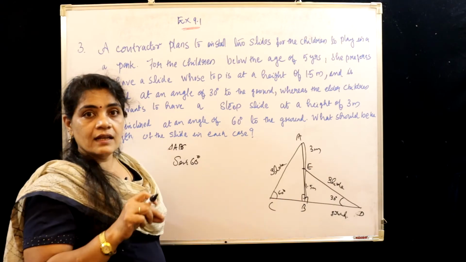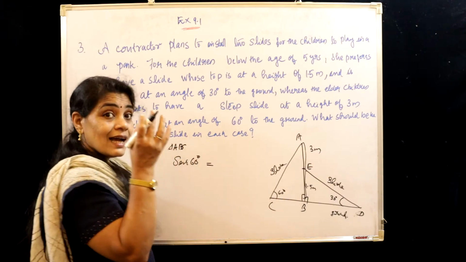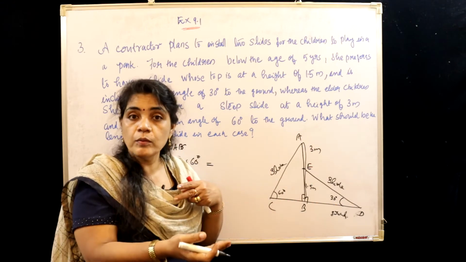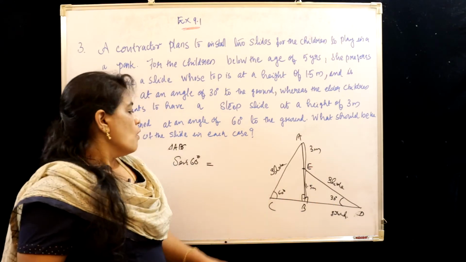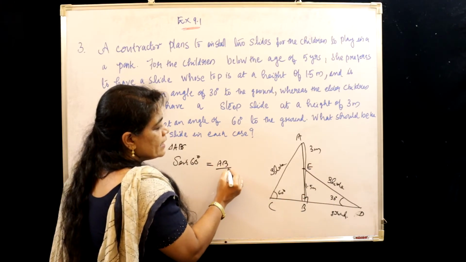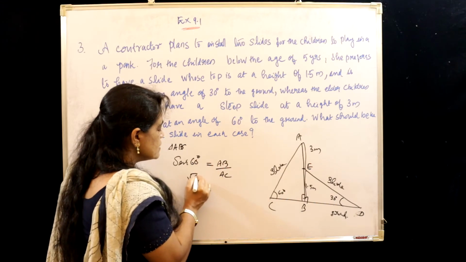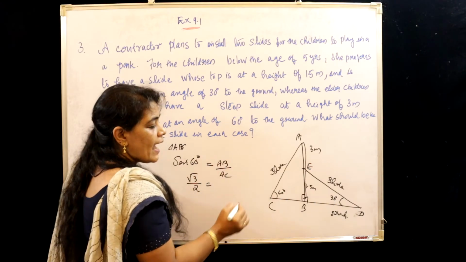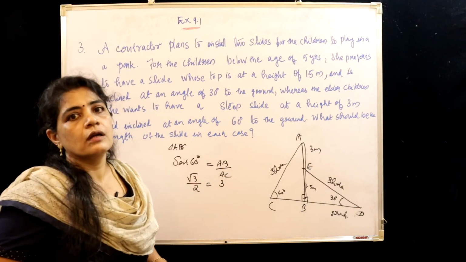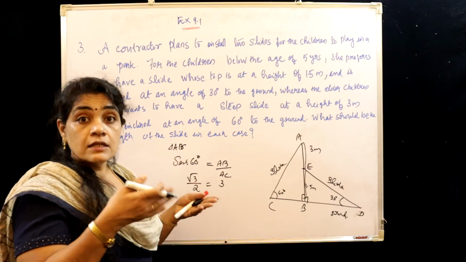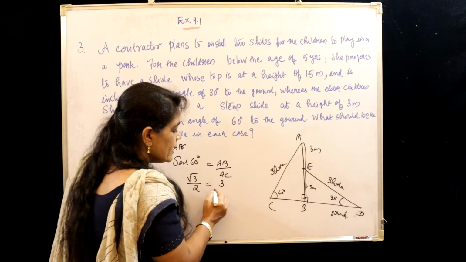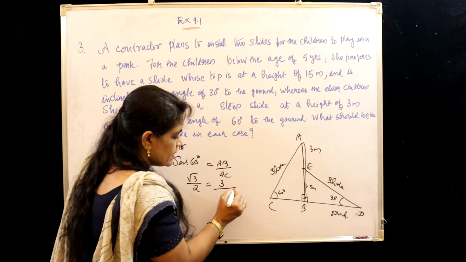Here it is sine, and that means in that ratio AC should be there either in the numerator or in the denominator. So sine 60 equal to AB divided by AC, and its value is root 3 by 2. AB is given as the height of that wall where that slide is planned to be installed, and that is 3 meter height, and AC is the length of the slide.